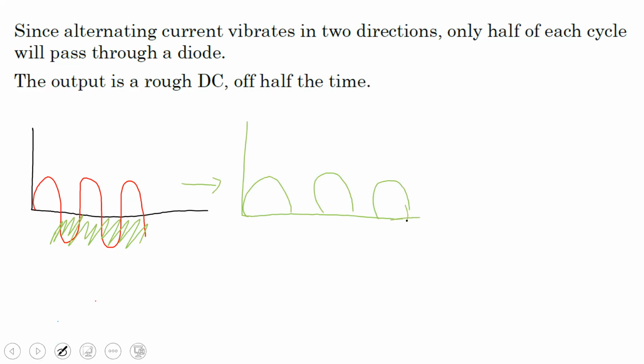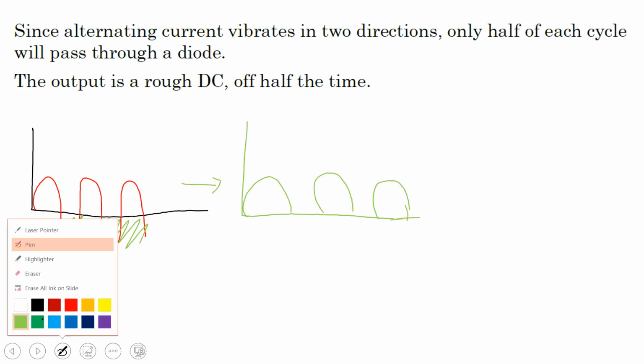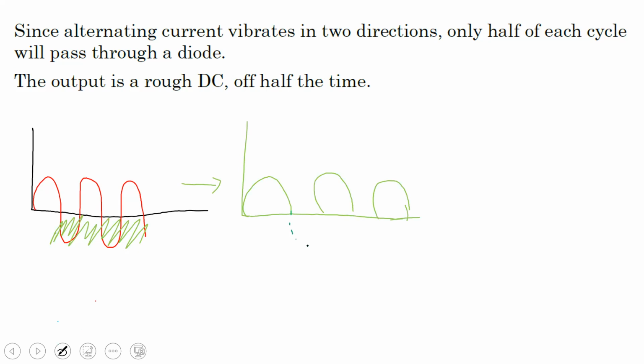I'll repeat. I told you now that the AC is working like sinusoidal. Cosine and sine. This is a sine. When it is getting into a diode like this, the diode tells them that I allow you to work in only one direction.